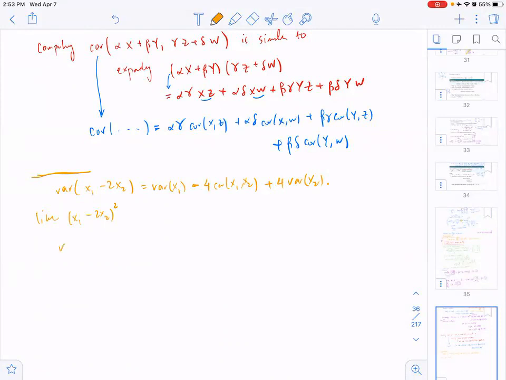If you like, you could do this in your head, and you can see how it goes: the variance of each individual term, plus twice the covariances. So you just have to be able to expand this.